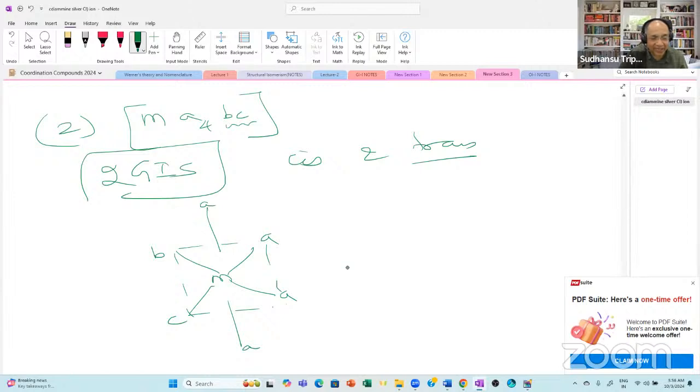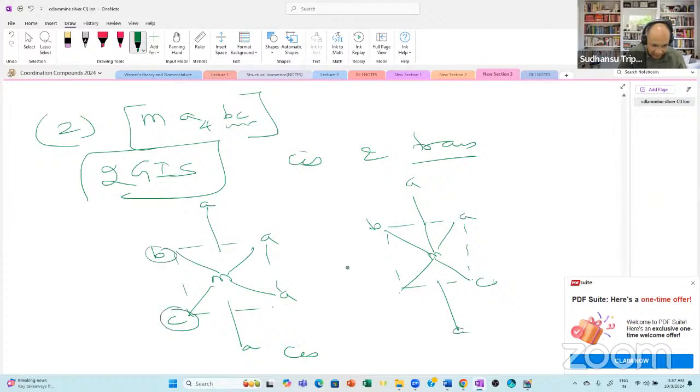They are on the same side. So this is cis, and this time I am not duplicating the figure. And BC, let us write BC here, opposite, and AA in the other positions. Here BC on the same side, here BC on the opposite side.